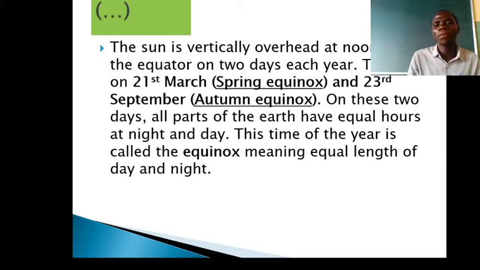This time of the year is called the equinox. Equinox means equal length of day and night. So we have 2 equinoxes throughout the year: spring equinox on 21st March and autumn equinox on 23rd September.